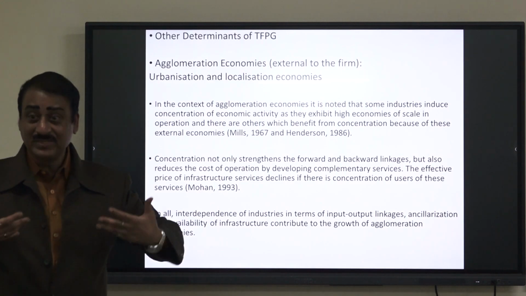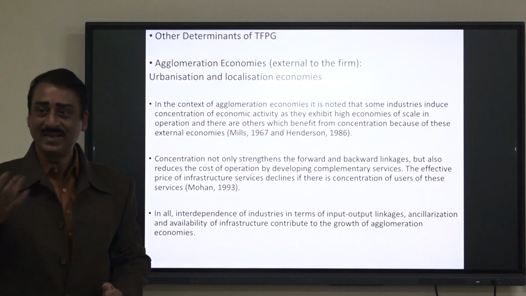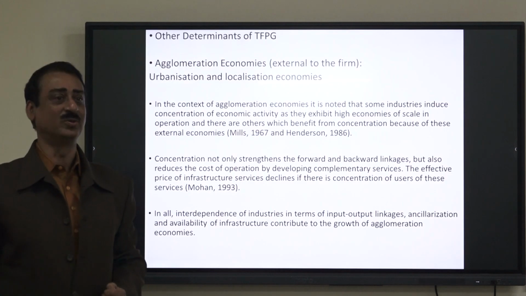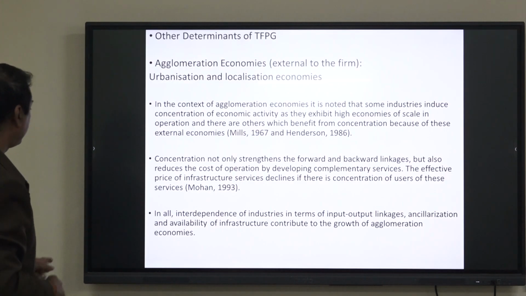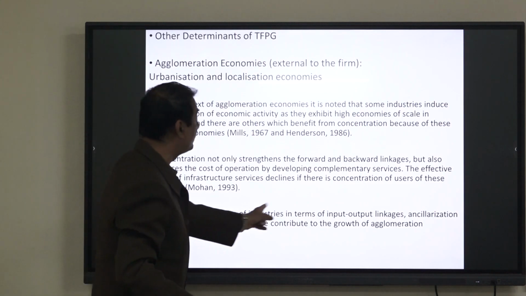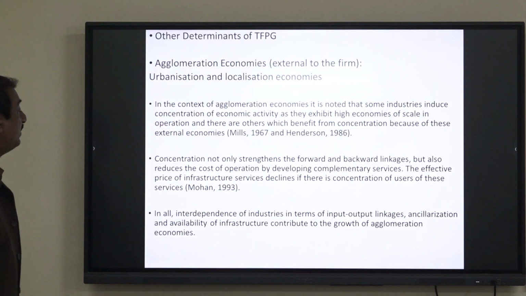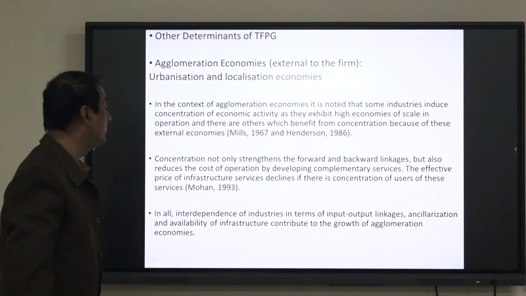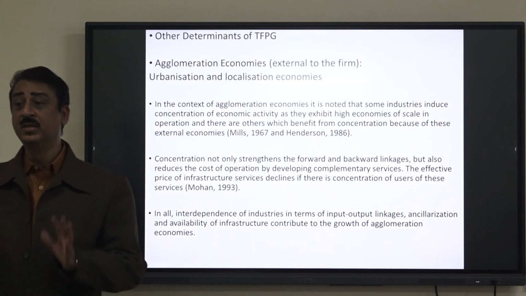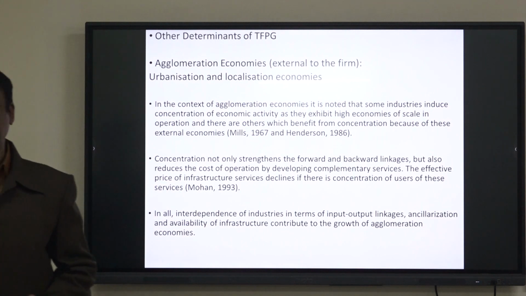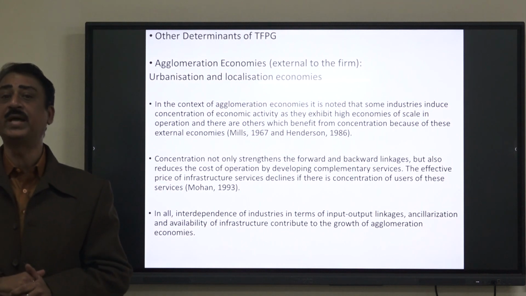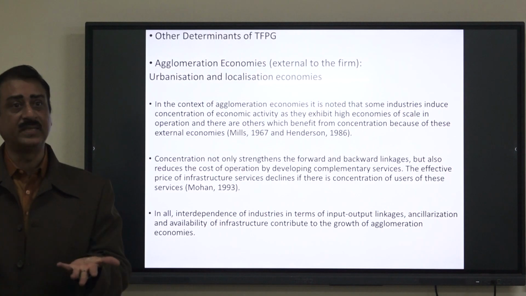Because there are many users, the cost will be divided among them. So in all, interdependence of industries in terms of input-output linkages, ancillarization and availability of infrastructure contribute to the growth of agglomeration economies.